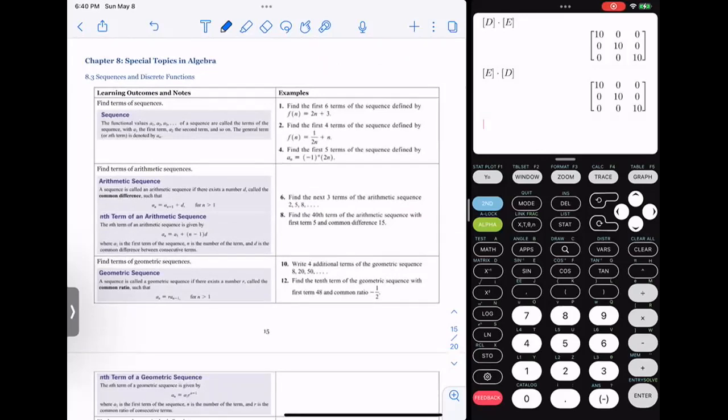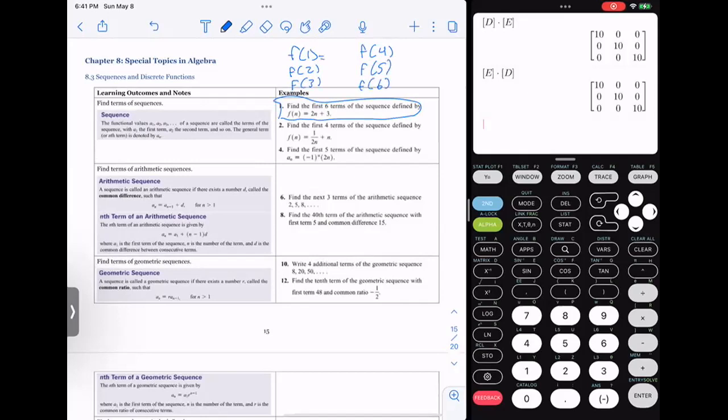For number 1, you plug in. First time you do 2 times 1 plus 3. So if we wanted to find the first 6 terms, all we're going to do is plug in 1, plug in 2, plug in 3, 4, 5, and 6.